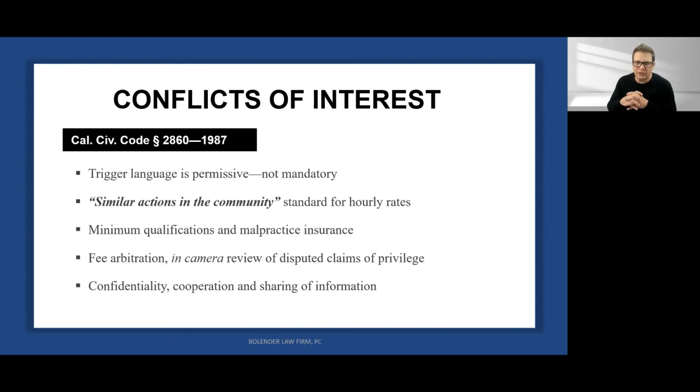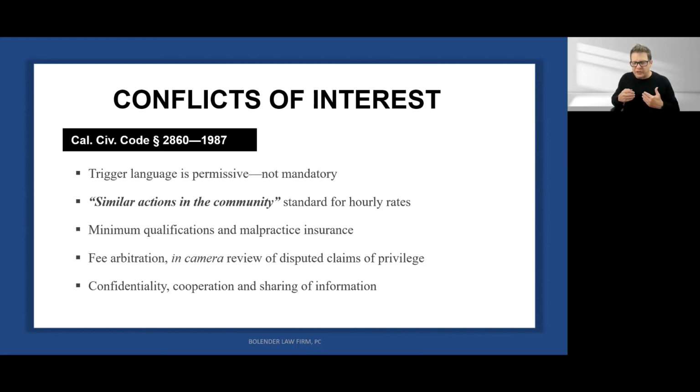Now, 2860 seeks to broadly govern the relationship between an insurance company and its policyholder when a claim for independent counsel is made, and in those instances when the insurance company agrees to recognize the insured's right to independent counsel.